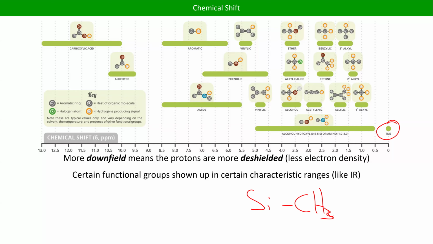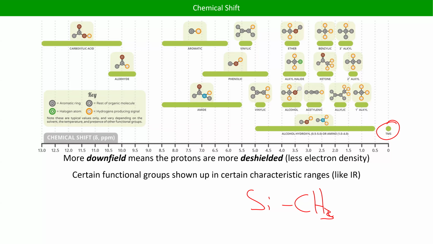And basically those hydrogens are really shielded, so it's what we set as 0. It's just by convention. 0 is always where you see your TMS signal, because no organic compound will ever have any hydrogens show up to the right of that.